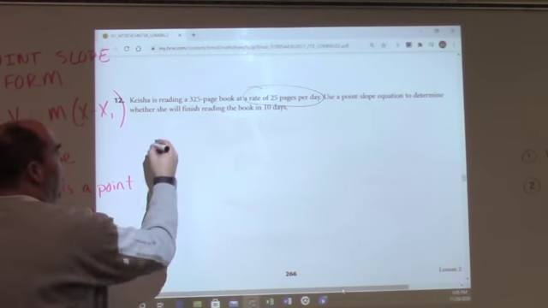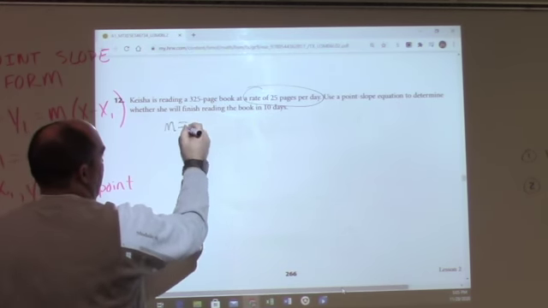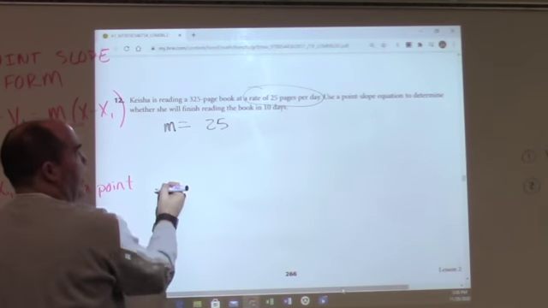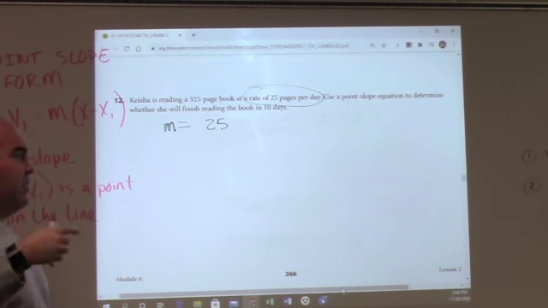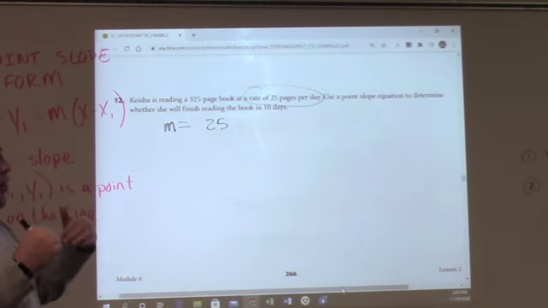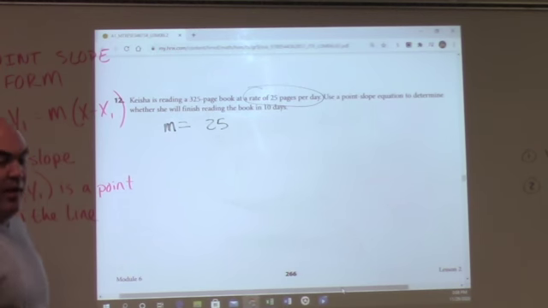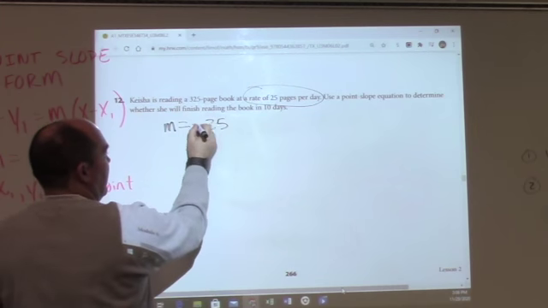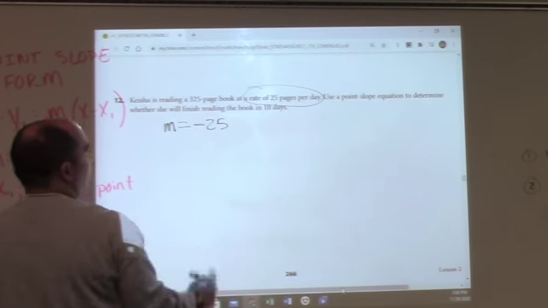So my slope is the 25, but since I'm reading pages, and I'm trying to figure out if I'm going to have the book read or not, I'm going to write that this is a negative 25.